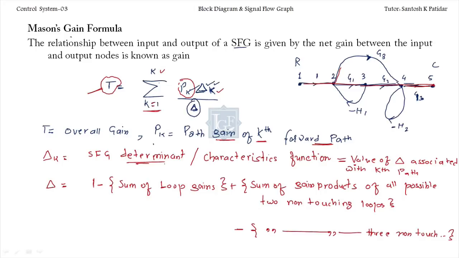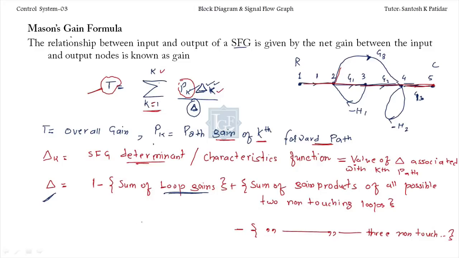Now what is this del? This del is the overall determinant of the system. This is not associated with any path. It is given by 1 minus the sum of individual loop gains. Don't worry, just see it, because we'll do the problem and then it will be clear to you.